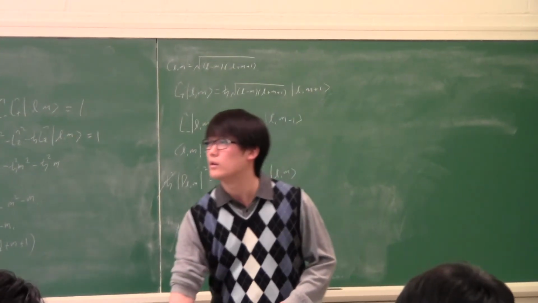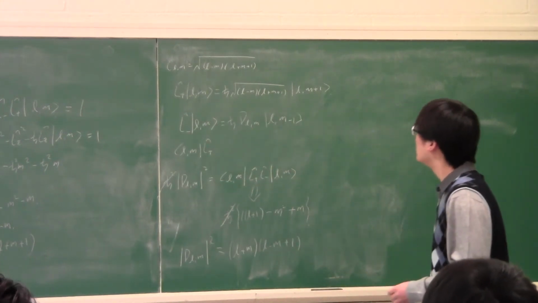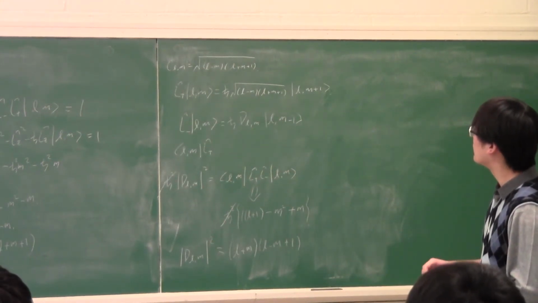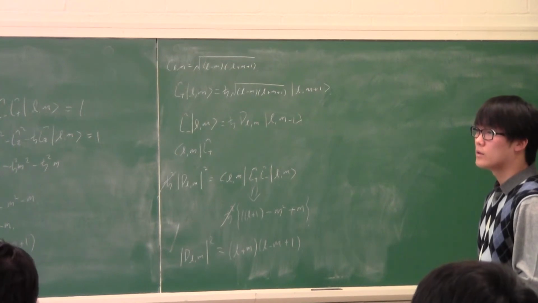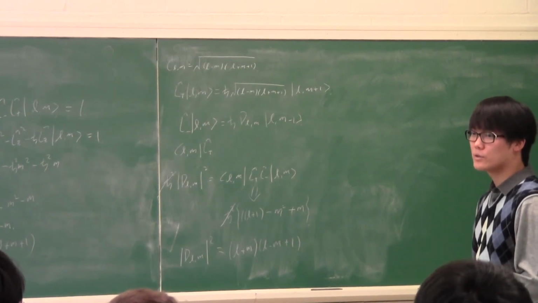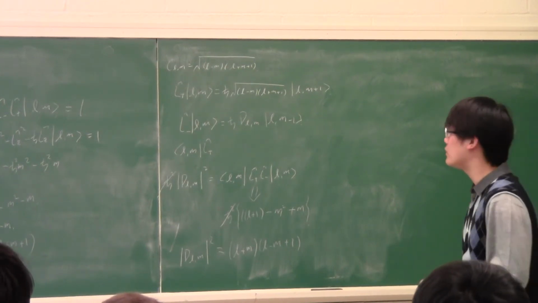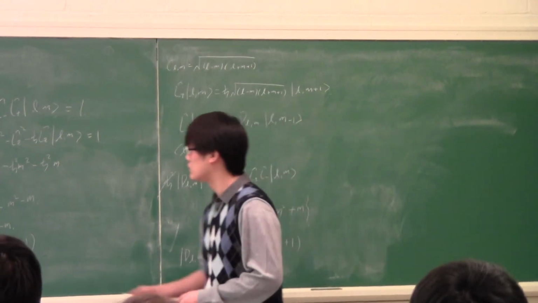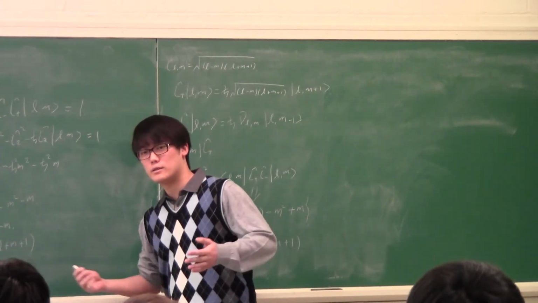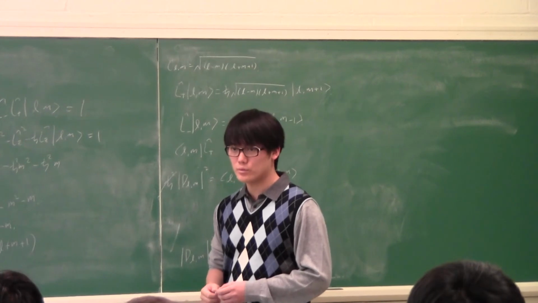No? Can you explain how you get rid of the phase? Just by convention, we choose it to be 1 because we're free to choose the phase here. And to make everything simple, we choose it to be 1.